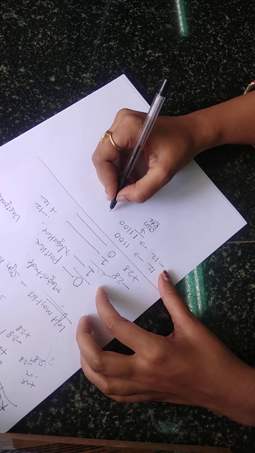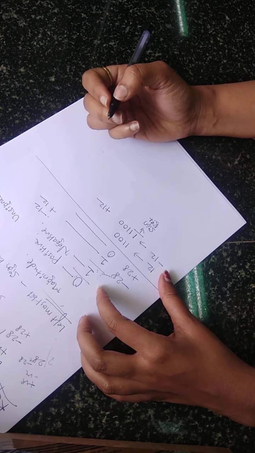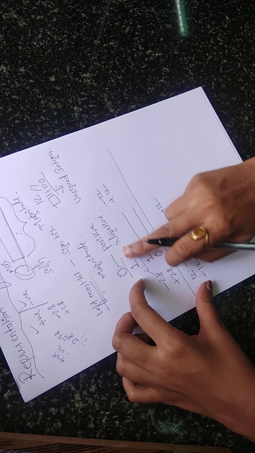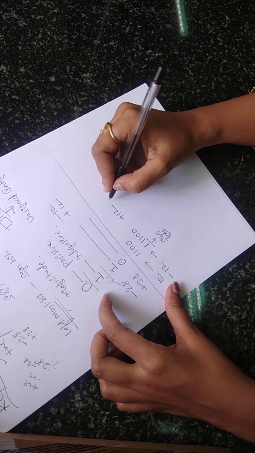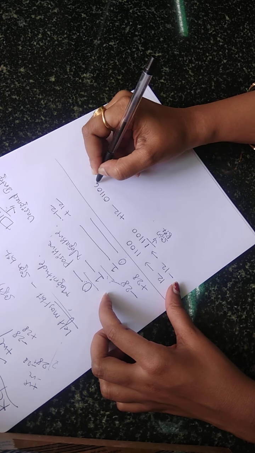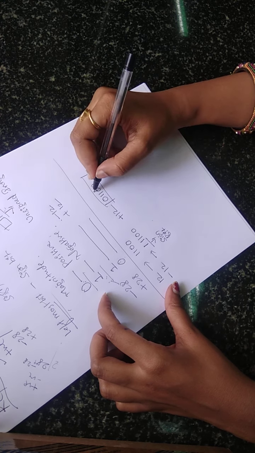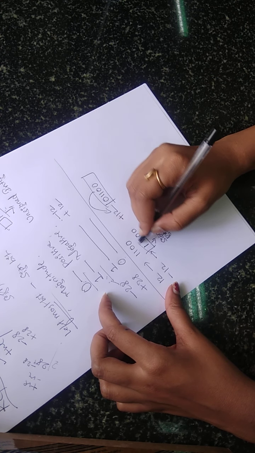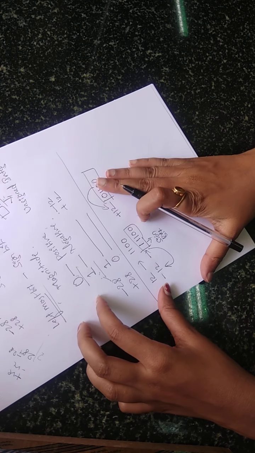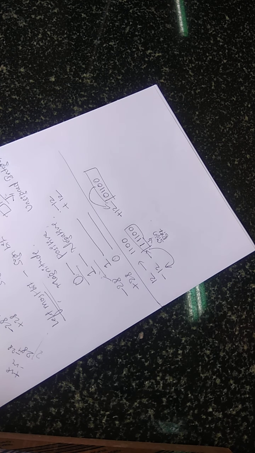Now if I want to represent plus 12, then my sign bit will be the positive number 0. So I'll add 0 and the value of 12 is 1100. So this will be plus 12 and this will be your minus 12 value. Like this we represent signed integers.